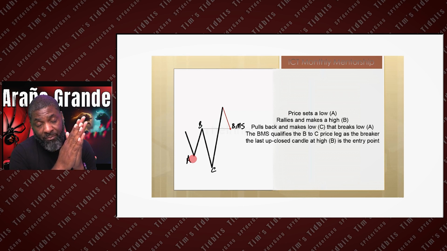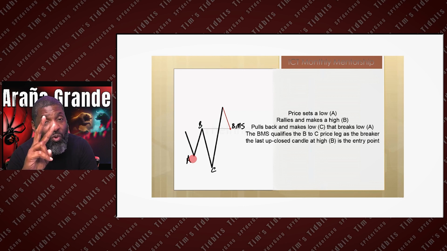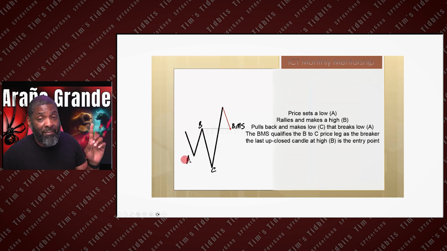Per Michael, the strongest breakers will occur when you take two levels of liquidity. Meaning, you take out short-term buy stops or sell stops if you're bullish or bearish, and then you take out the higher time frame buy stops or sell stops.